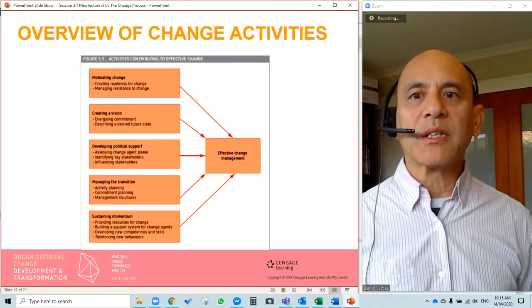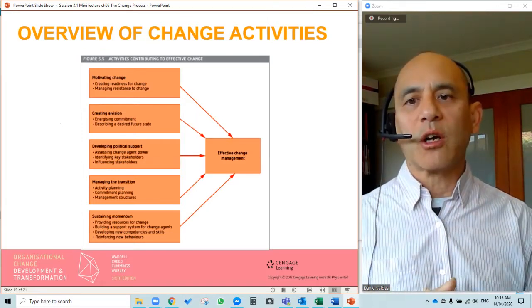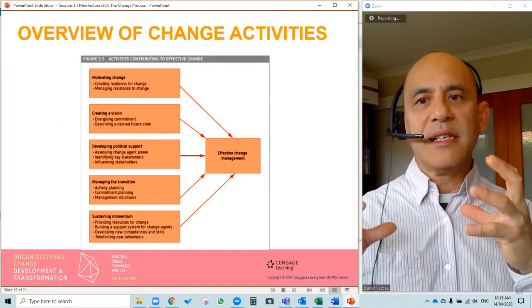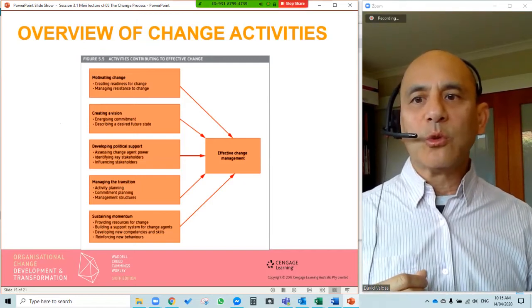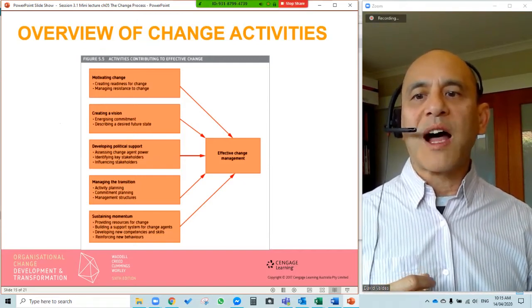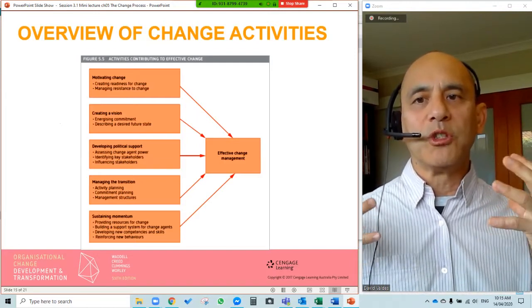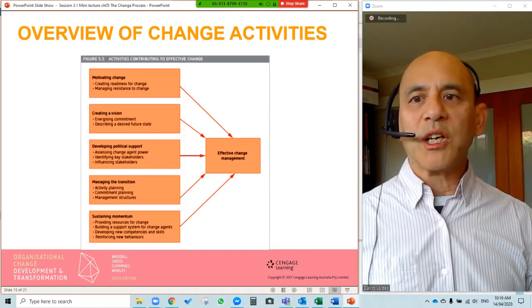So here's a good way to have a look at all these interventions that we've talked about. We try to divide these interventions, or change activities, into 5 different stages, or 5 different broad objectives. The first is motivating change.